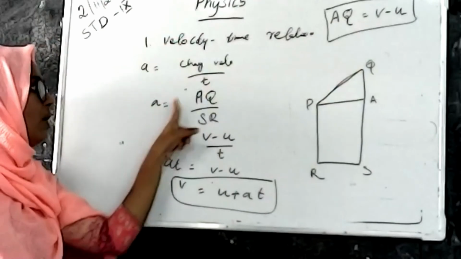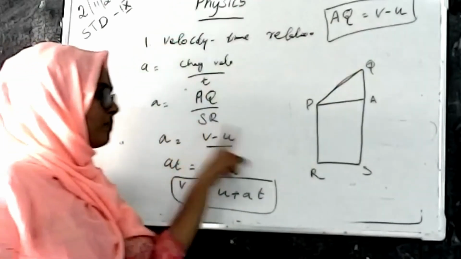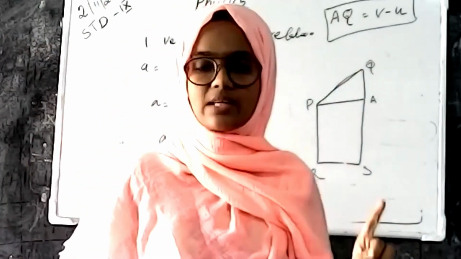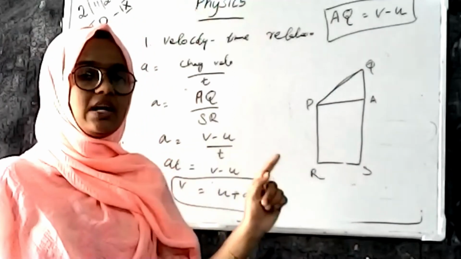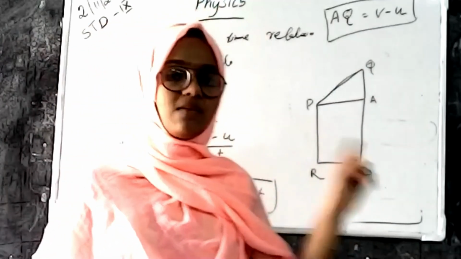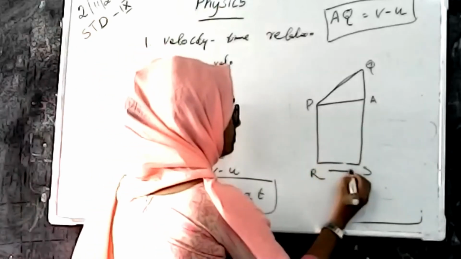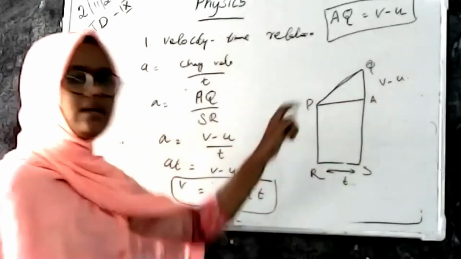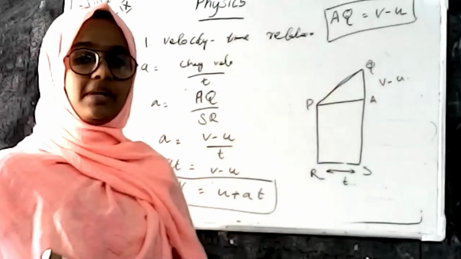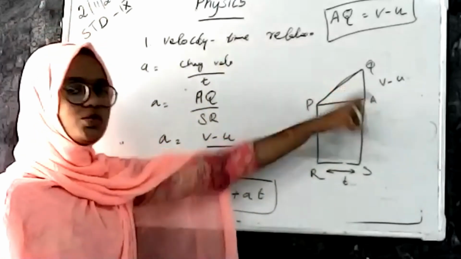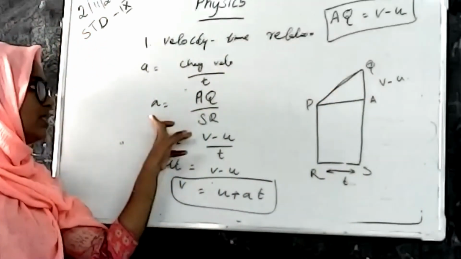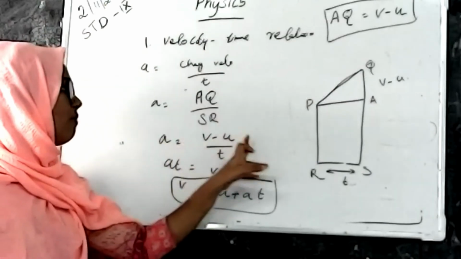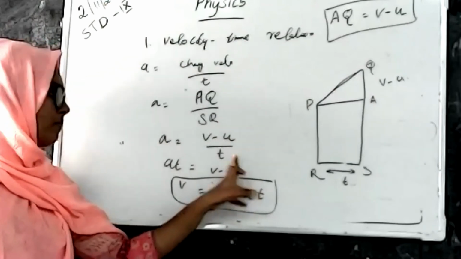A is equal to AQ by SR. SR is this portion on the x-axis, that is T2 minus T1, which we take as T, and AQ is V minus U. Substituting these into the equation, acceleration A is equal to V minus U by T.